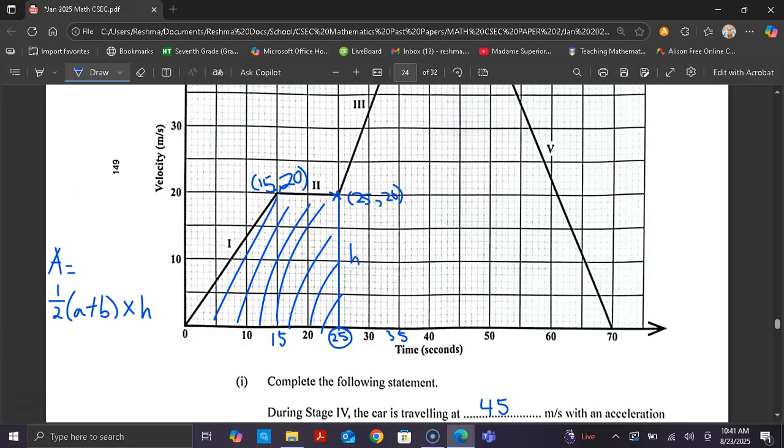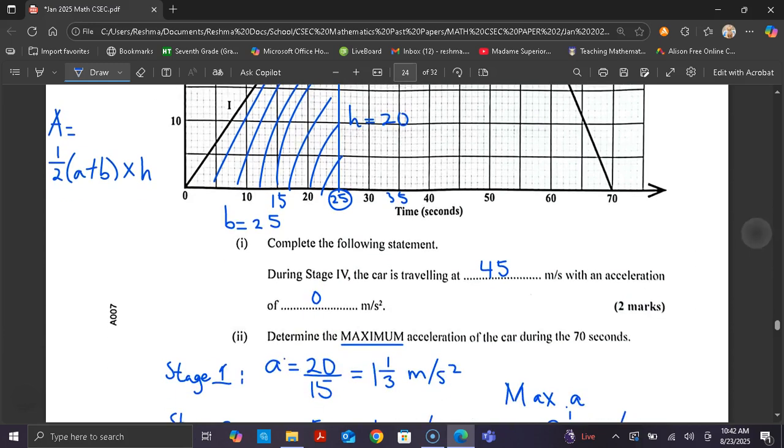So let's determine H first. H, the height of the trapezium, will be 20 in this case. A, the first parallel side of the trapezium, the top, from 15 to 25, will be 10. And B, the base of the trapezium, 0 to 25, is 25.